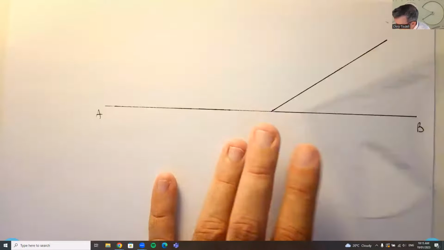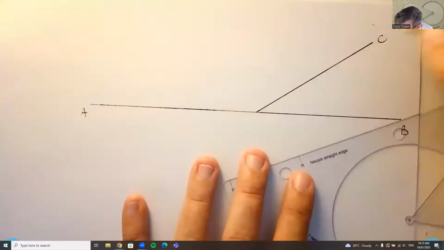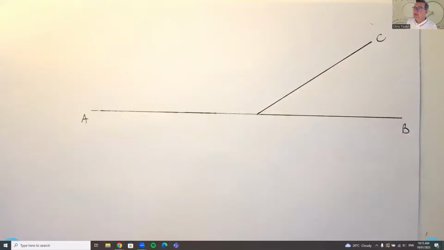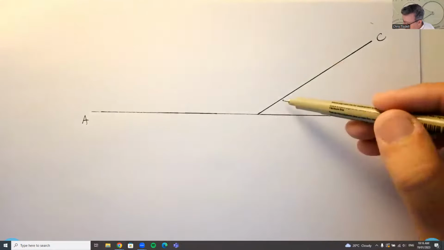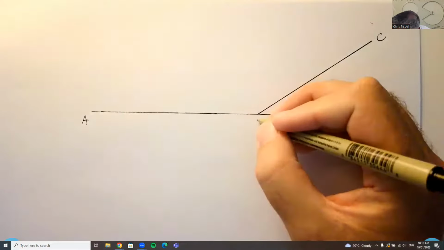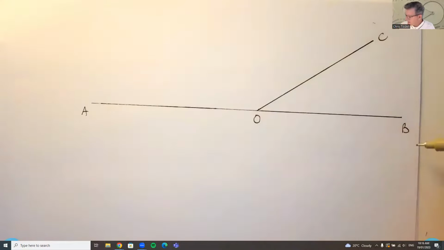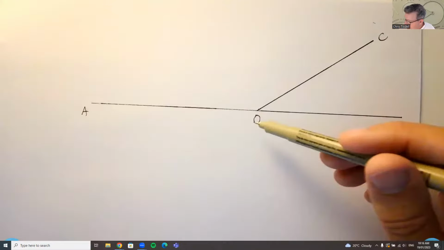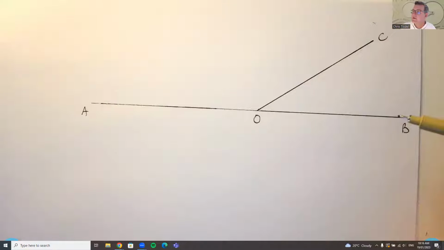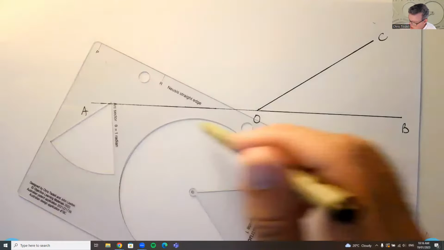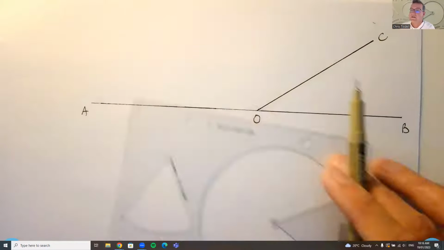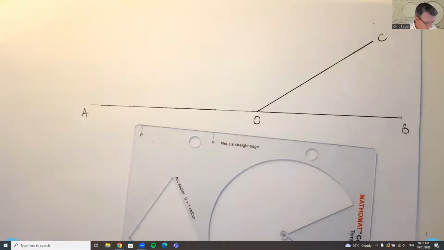Okay, and let's call that point C. So the question is, can you trisect angle, we'll call this vertex O, angle BOC, just using your circle arc template and this Neusis straightedge? And the answer is yes, and the moves are not very complicated at all.